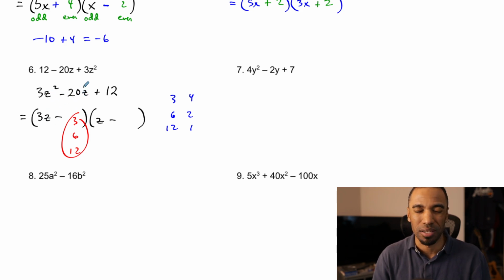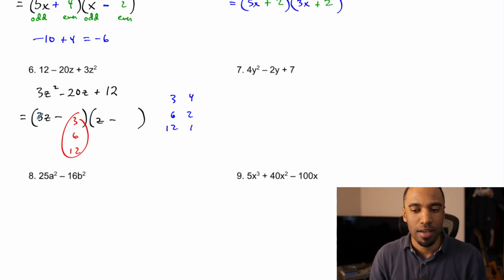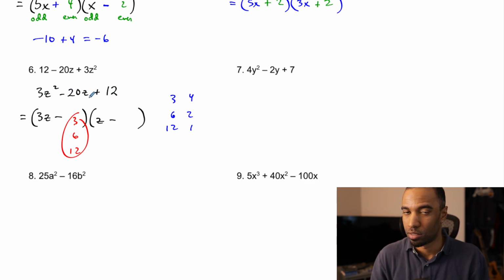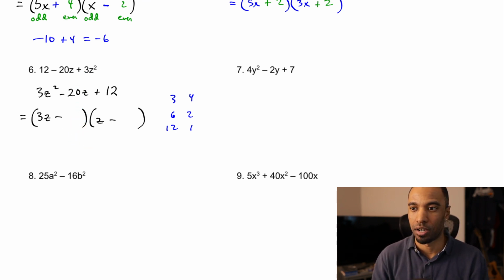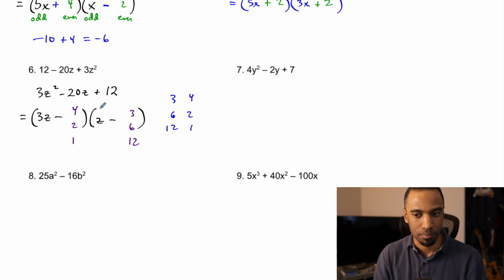If I could factor a 3 out of this individual quantity, but I could not out of the original expression, something's wrong. None of these numbers could work here. They could go over here. I could possibly have a 3, a 6, or a 12 over here, meanwhile I can test a 4, a 2, or a 1 inside here. So I'm going to first test 4 and 3 right here.